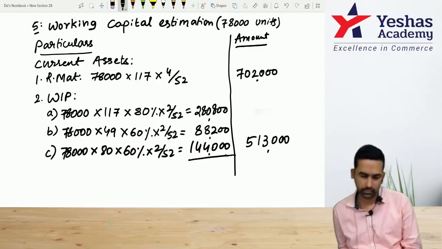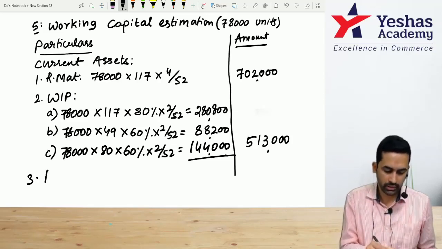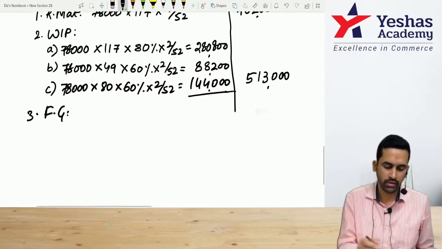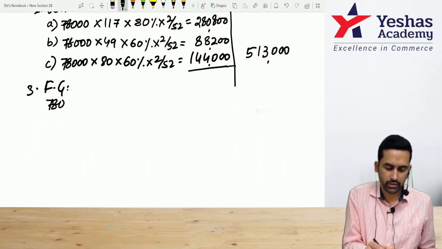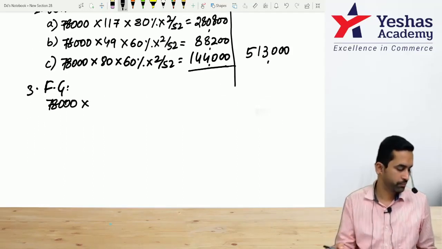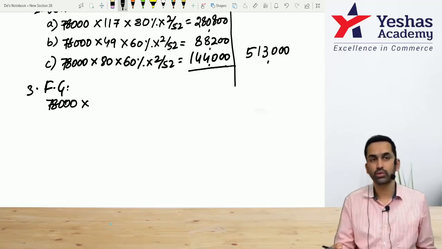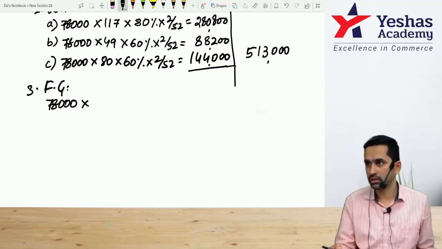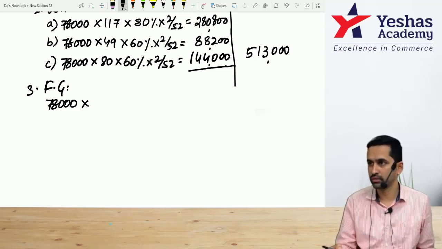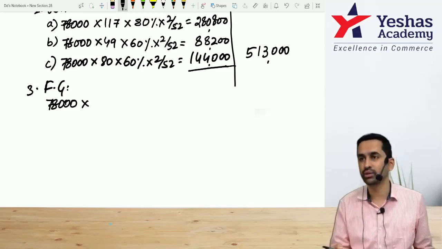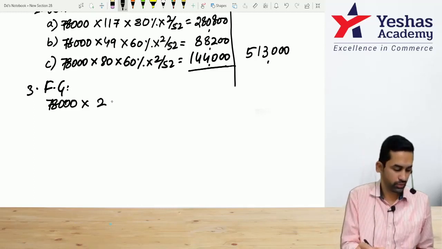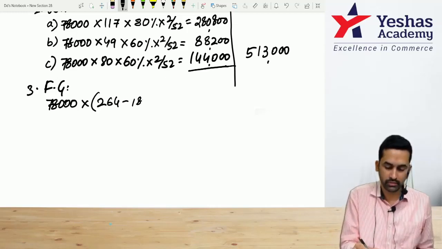Done. Item number 3, FG, 78,000 units into, you shouldn't take 264, that has a depreciation component, so it's not 98, it's only 80. So what I can do, from 264 I can minus 18. That's better.